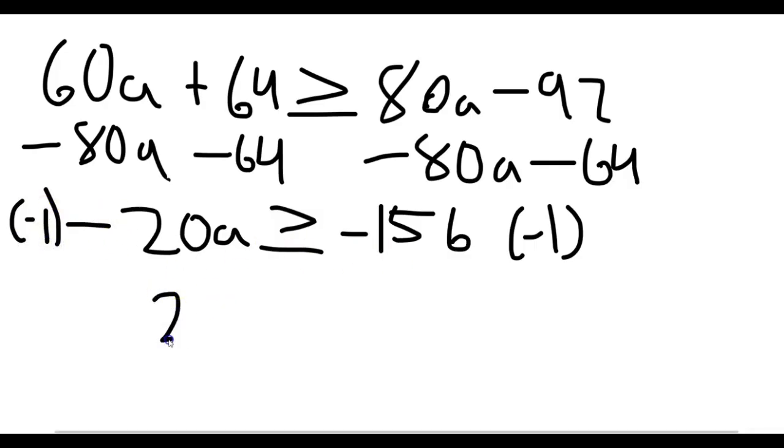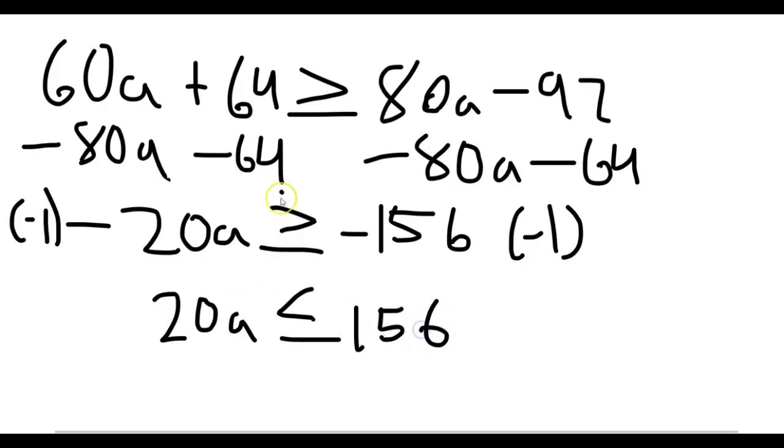And now we're left with 20a is less than or equal to 156. And you notice that I switched signs here. So when you multiply by -1 on both sides of an inequality, you flip the sign because the order of the number reverses.